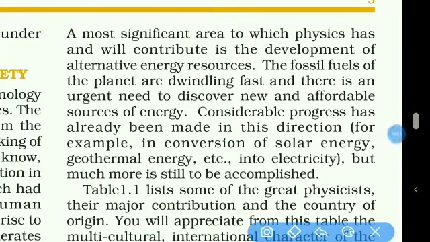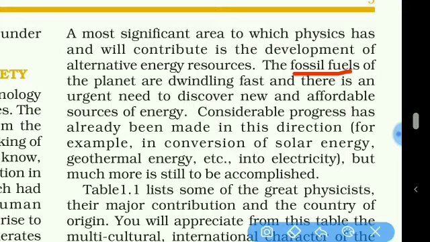Now, for getting energy for various purposes, we use fossil fuels. We know what these fossil fuels are: coal, petrol, diesel, etc. But these natural resources are limited, and so there is a need for alternate energy resources.